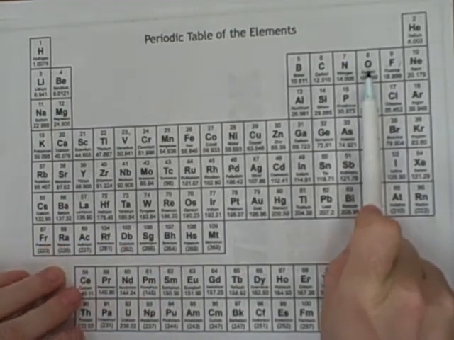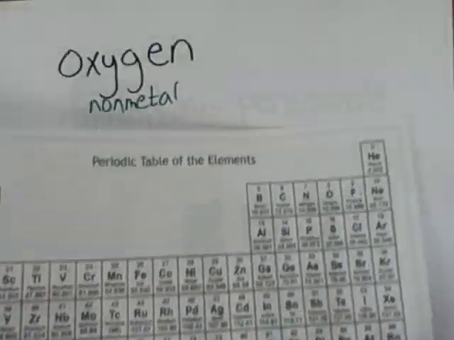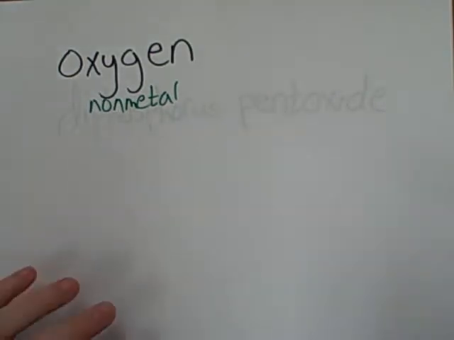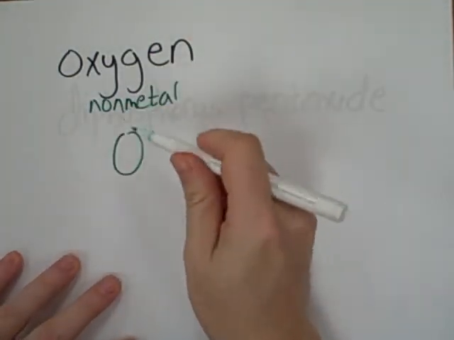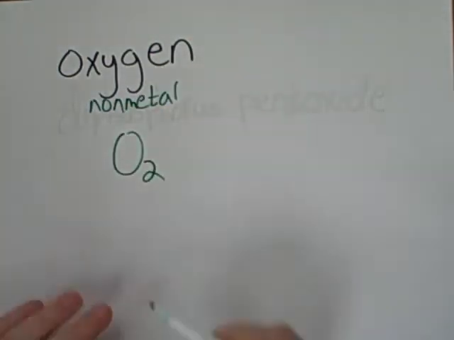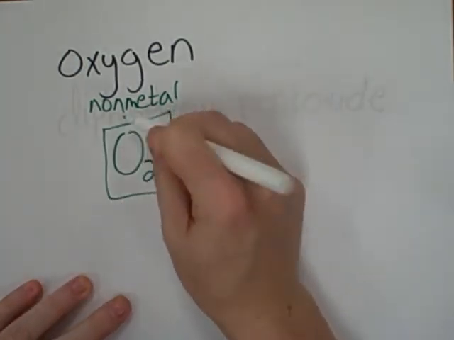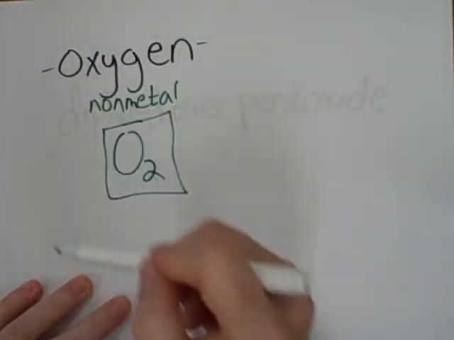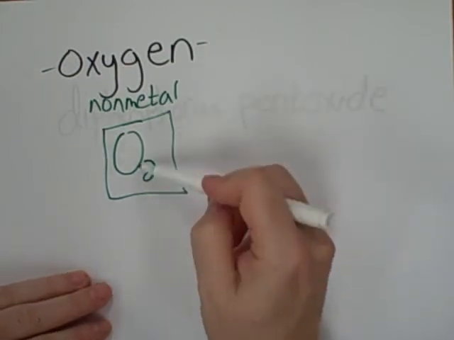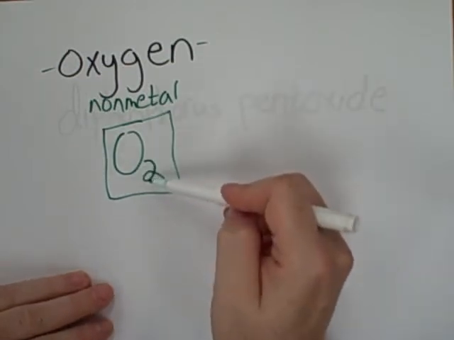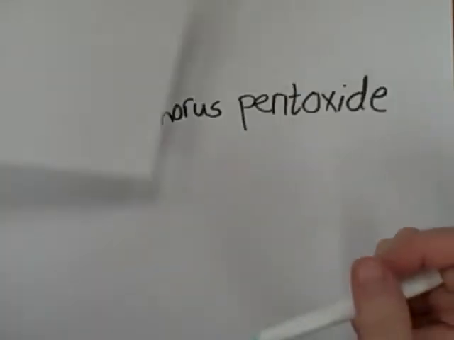Oxygen is one of the diatomic 7, so it can never be just O by itself. It will always be an O with a 2. O2. So any of the diatomic 7, when you get just their name, then it is going to be in its diatomic form with a 2 after it.